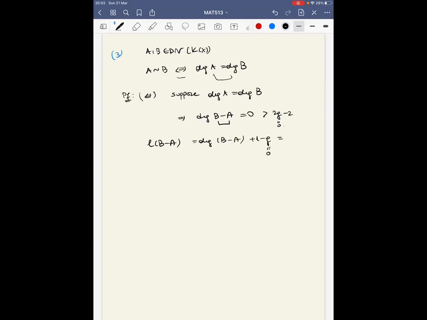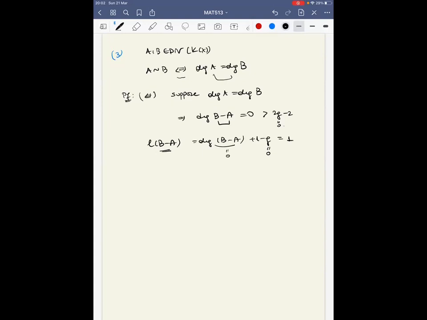And we know that genus is 0, degree is 0, so the dimension is 1, because this is degree 0.